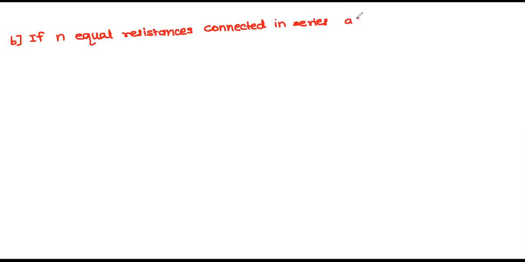That is B I am taking. If n equal resistances are connected in series with a voltage source, that is V, then power dissipated PS is equal to V square by R into N. Why?